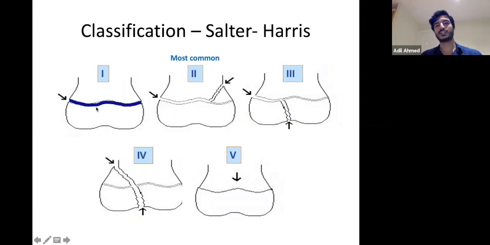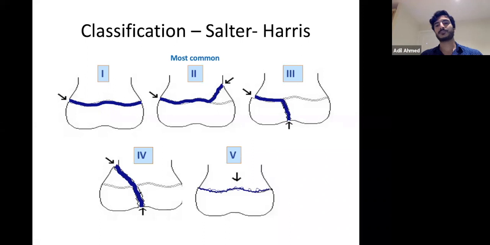So that's a fracture line through the physis. A is for grade 2, and A would be above the physis. So you can see the fracture line exiting above. L is lower, so lower than the physis, and you can see it exiting lower. T is through, and that's through the physis.